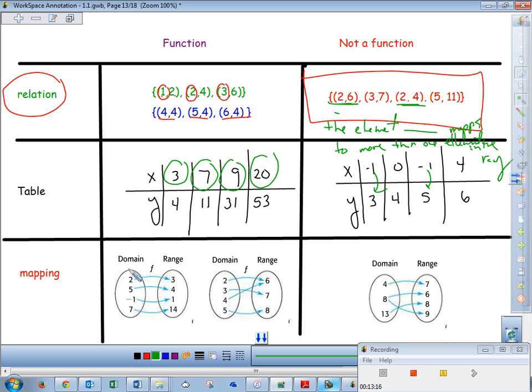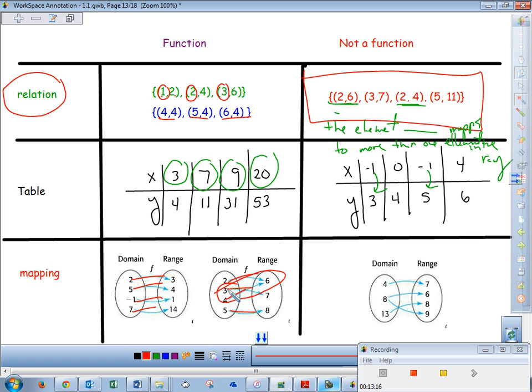And then when you see a mapping, that's where they put that cool little bubble. Your domain's over here. Your range is over there. Very simple. The arrow, only one arrow coming off of this guy. Only one arrow, only one arrow, only one arrow. That means that's a function because 2 maps straight to 3, 5 maps straight to 4, and etc. If you look over here, one arrow, one arrow, one arrow, one arrow.